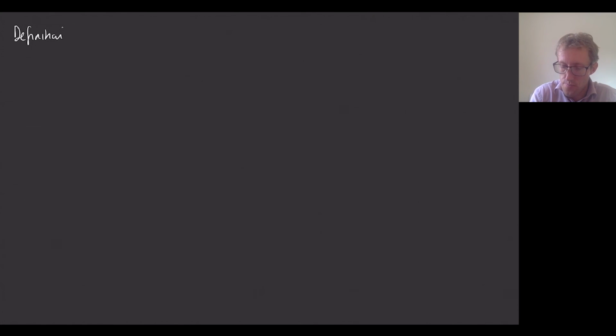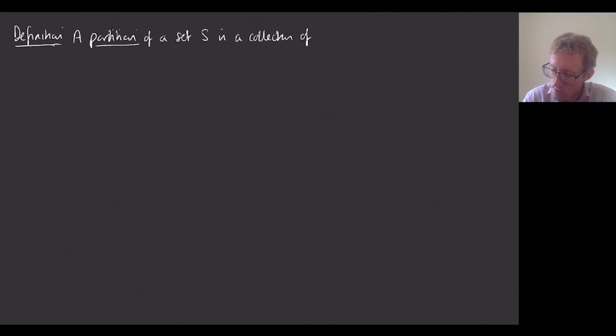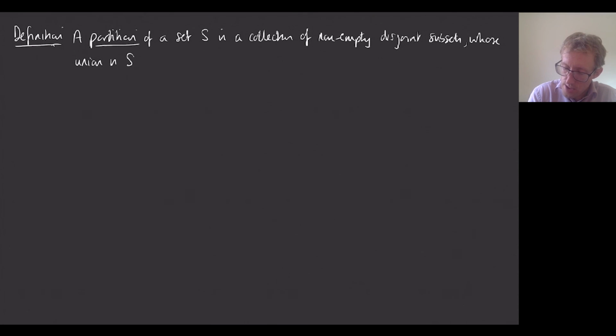So this will be a partition of a set S is a collection of non-empty disjoint subsets whose union is S. Okay, basically it's just a way of taking the set and cutting it up into different parts.